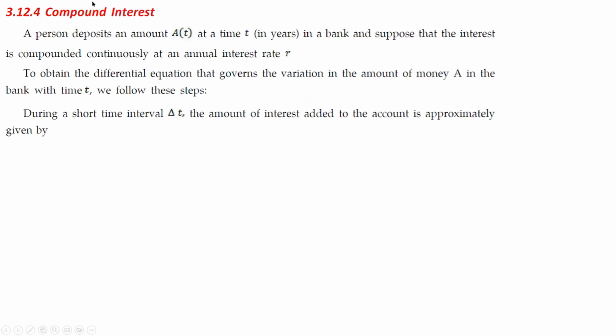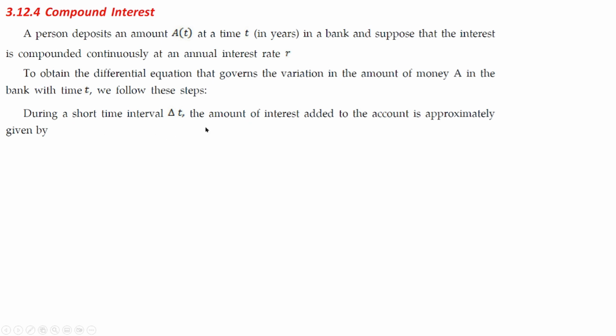Next we have the model which is used to find the compound interest. Say a person deposits an amount A(t) at a time t in years in a bank, and suppose that the interest is compounded continuously at an annual interest rate R. To obtain the differential equation which governs the variation in A with respect to time t, we follow these steps.